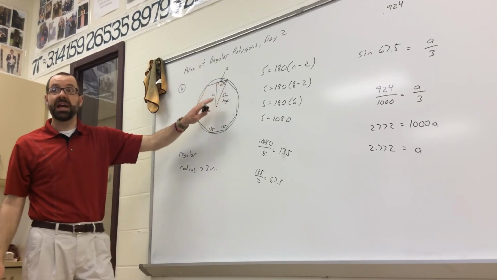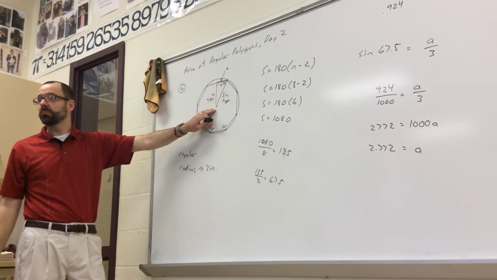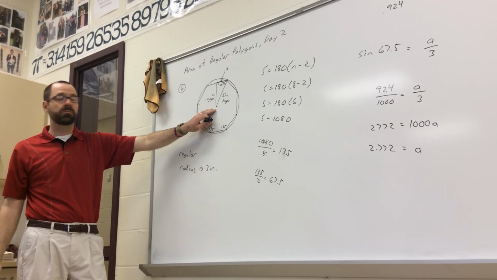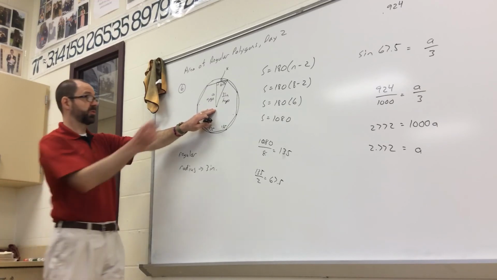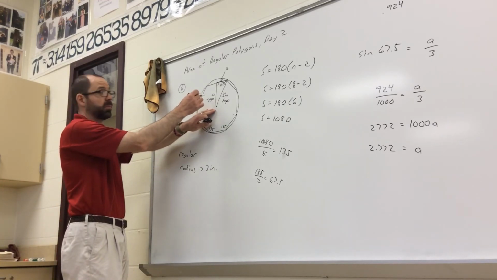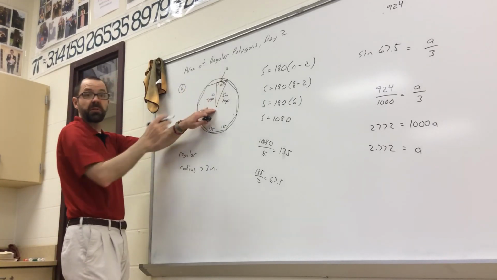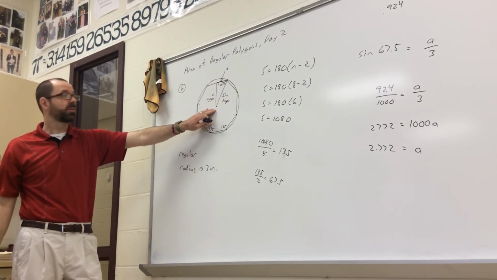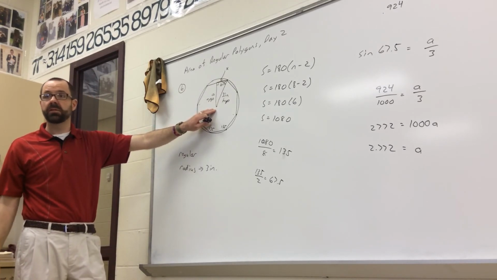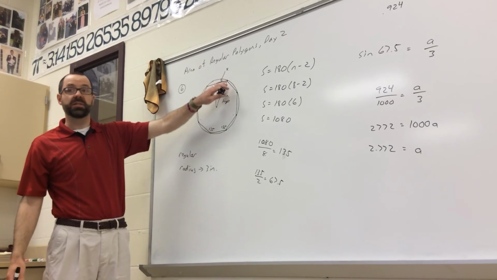Now how can I find x? You could use the Pythagorean theorem, because 2.772 squared plus x squared equals 3 squared. That's good. Or you could do cosine, because x is adjacent.